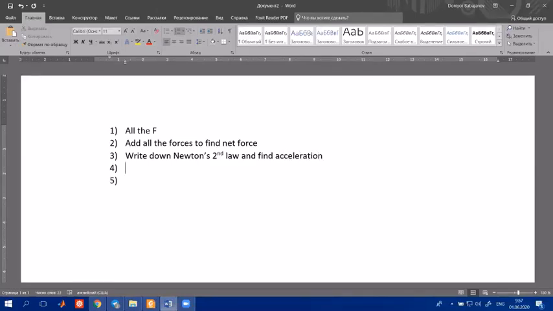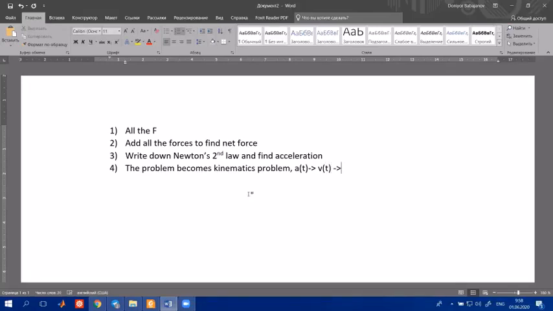The fourth step is, after finding acceleration, the problem becomes kinematics problem. Kinematics problem you know how to solve from previous lessons. For example, if a of t is given, you can find v of t by integrating, if you remember previous lesson.